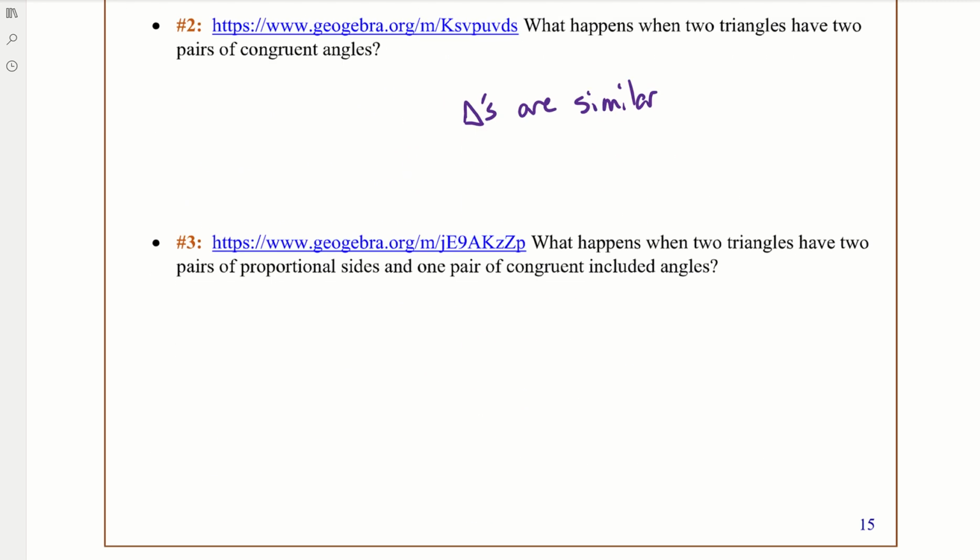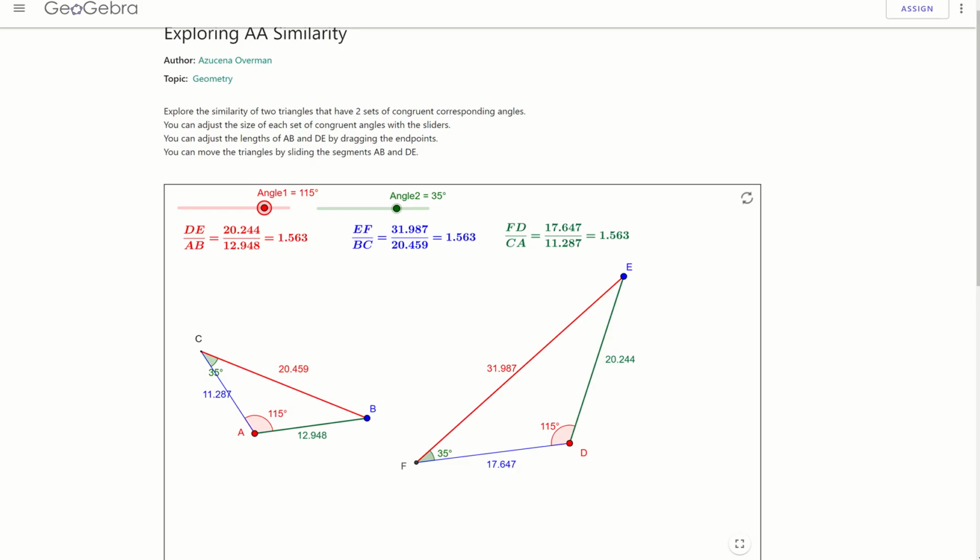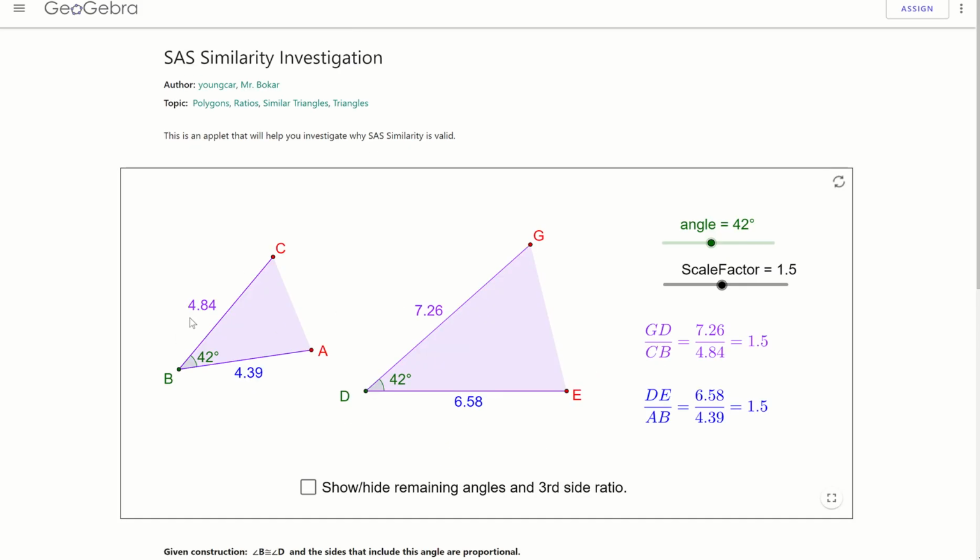What happens when two triangles have 2 pairs of proportional sides and 1 pair of congruent included angles? The included angle. So I have that BC is proportional to DG, and then BA is proportional to DE, and I have that this included angle is the same, the one between those 2 sides.